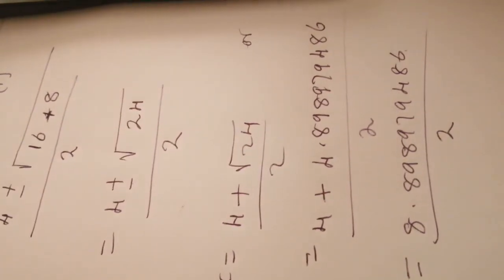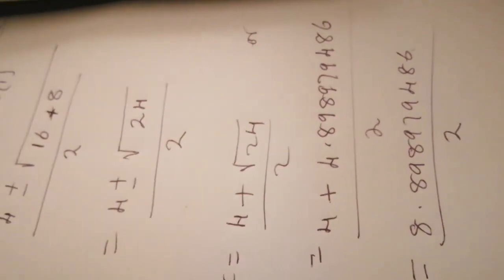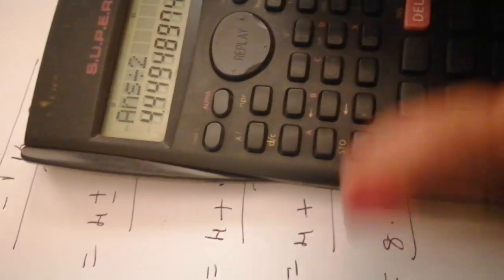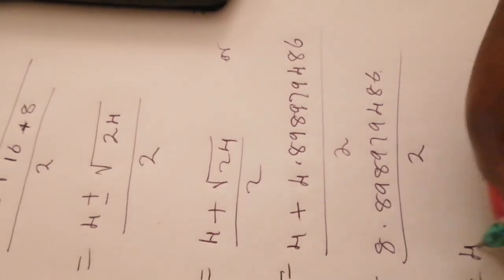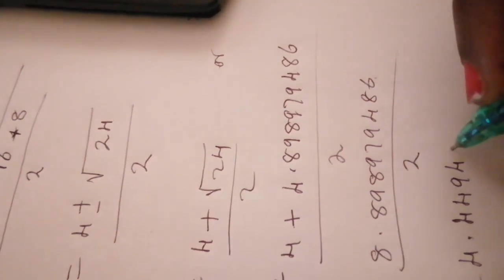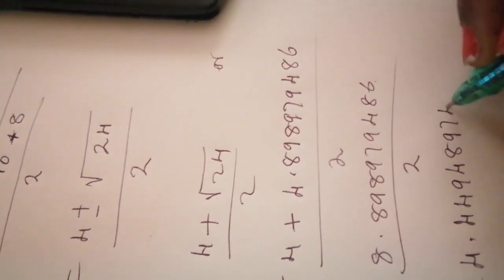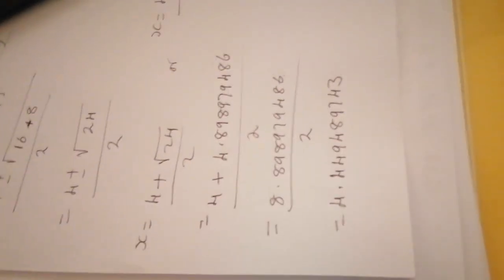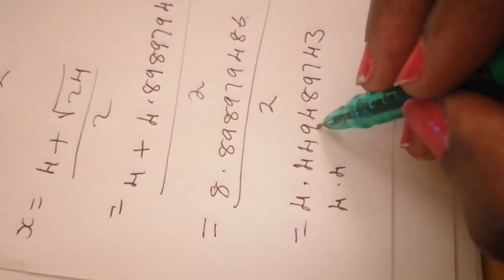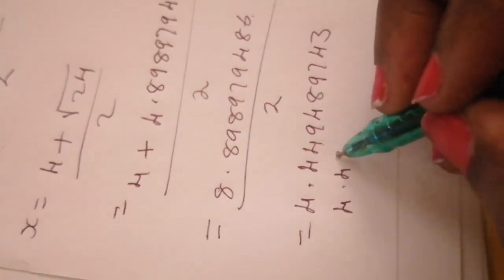So this number divided by 2 will give us 4.449489743. Writing into 2 decimal places, we'll have 4.4. I need to end here. This is 9 above 5, so we get a 1, add to 4, giving us 5.